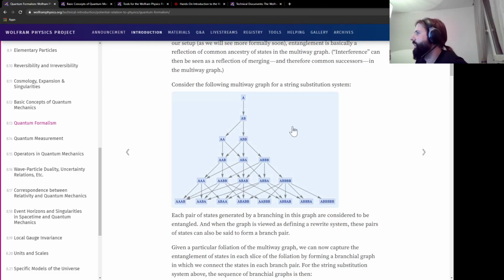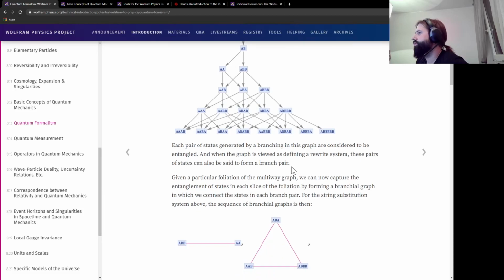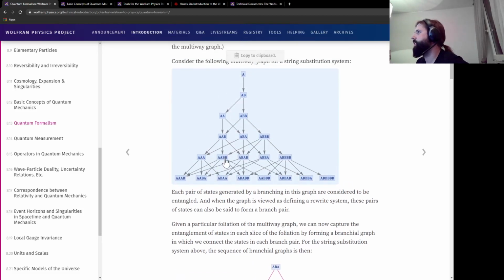So each pair of states generated by a branching pair of states. Yeah, but some branches generate 3 states, right? But each pair of states generated by a branching in this graph are considered to be entangled. And when the graph is viewed as defining a rewrite system, these pairs of states can also be said to form a branch pair.